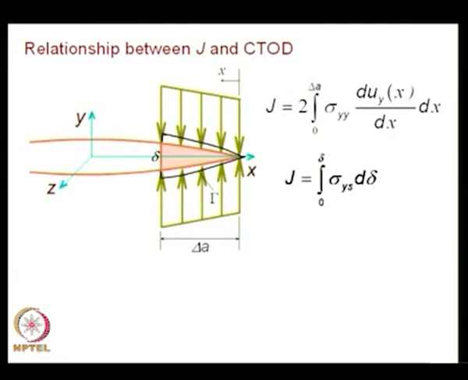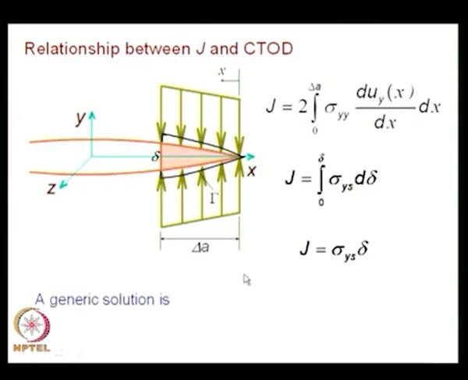And you know, when you put the limits, it reduces to simply J equal to sigma ys into delta. In fact, this is what we had seen as the interrelationship in the last class, and now we have looked at how to get this interrelationship.